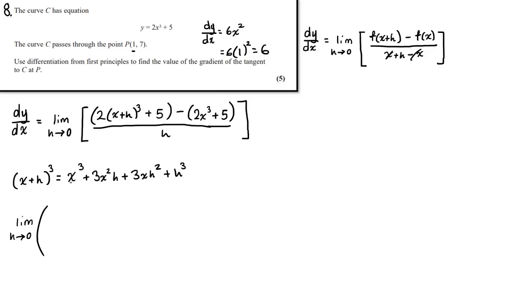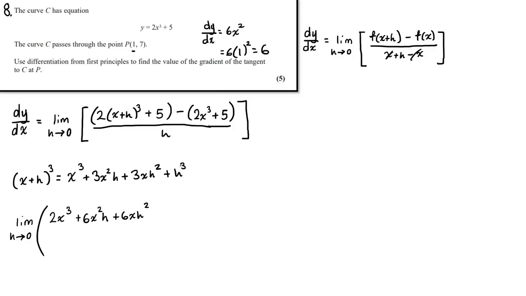So we've got x cubed, so we times that by 2, so we get 2x cubed. We've got 3x squared h, we times that by 2, so that would give me 6x squared h. We've got 3x h squared, that would give me 6x h squared.